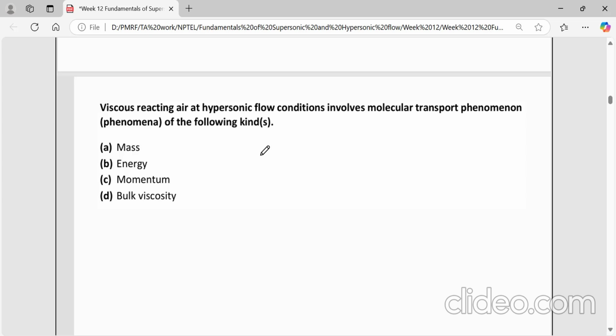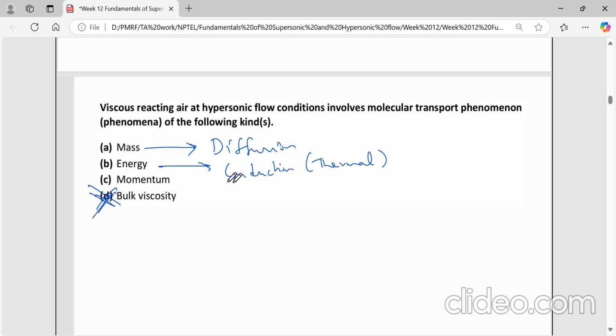First thing to note is that bulk viscosity is not any transport phenomenon. So this option will be wrong. Due to mass, there is a transport phenomenon called diffusion. Mass diffusion happens due to the concentration gradient. Due to energy, thermal conduction happens, due to a difference in temperature, or you can say energy.